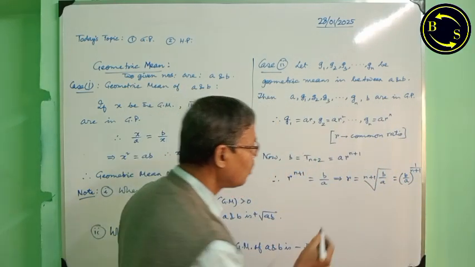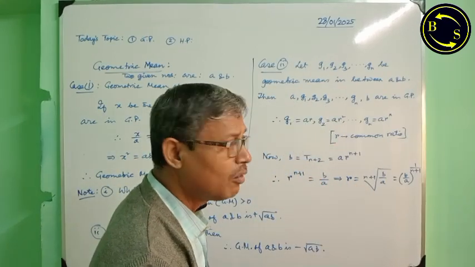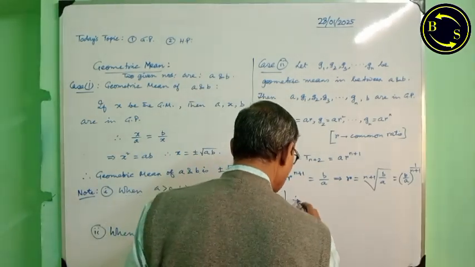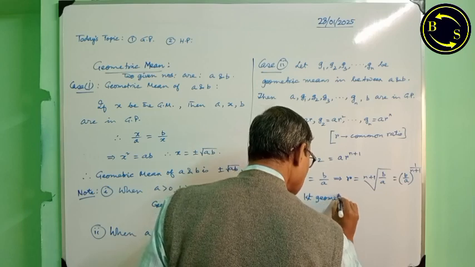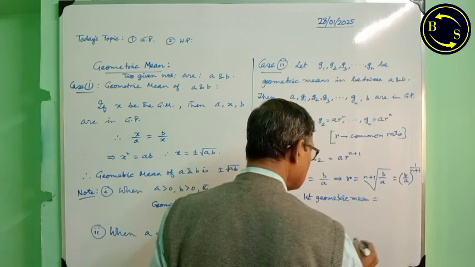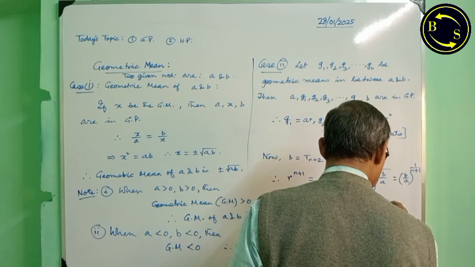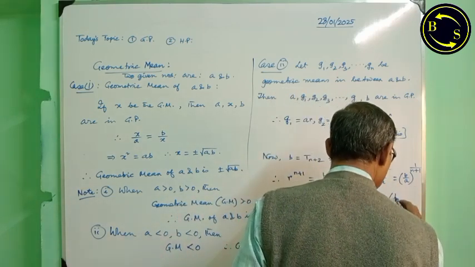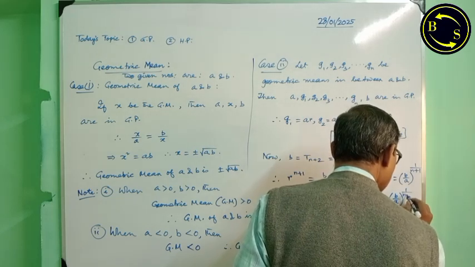Thus we have got the common ratio. Now, after getting the common ratio, we can easily find the geometric means. Therefore, first geometric mean G1 is AR, means A into B by A whole to the power 1 by n plus 1.